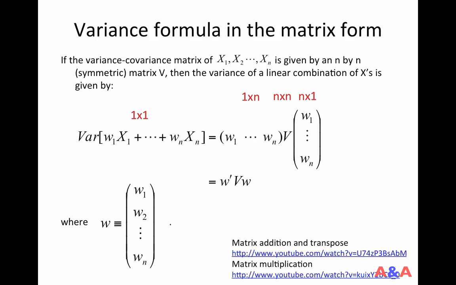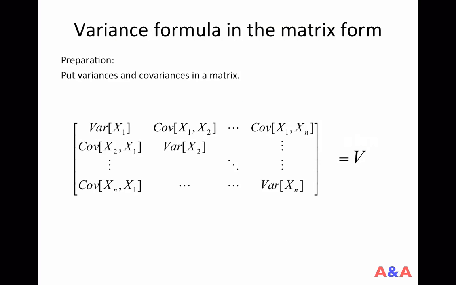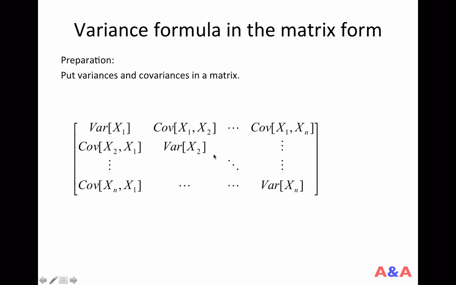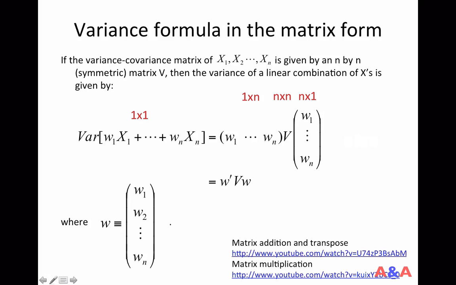The important thing here is that this a little complicated looking formula, the right hand side of this formula, is expressed as a very simple sandwich form. Basically, you sandwich the variance covariance matrix for the individual random variables by the vector of coefficients. Okay?